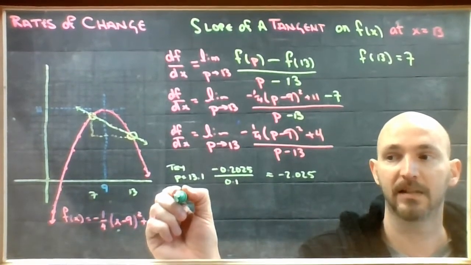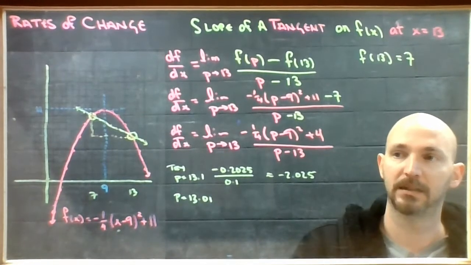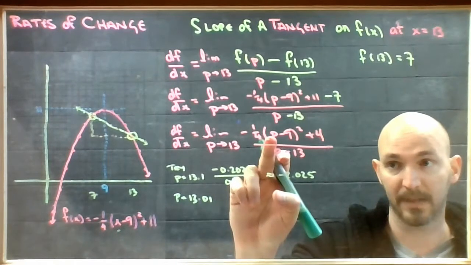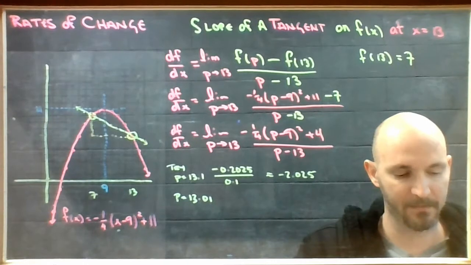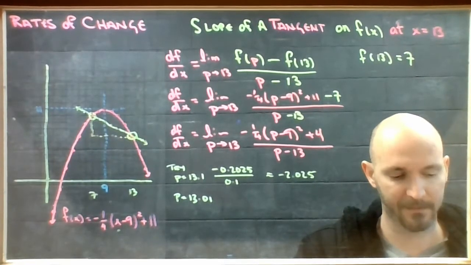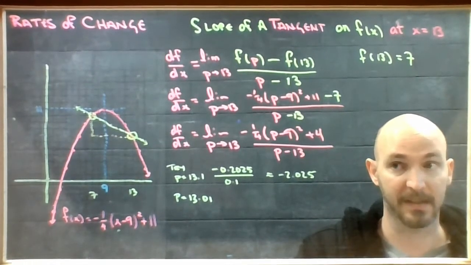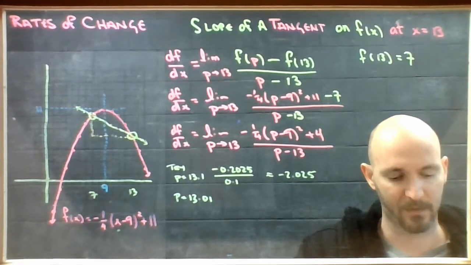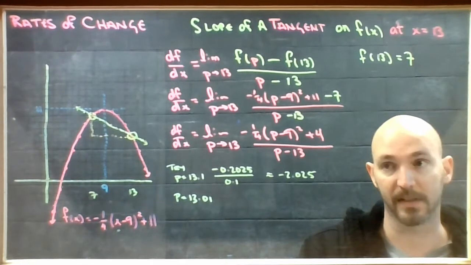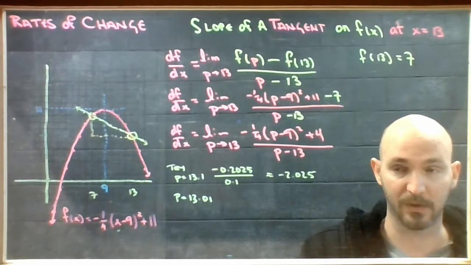I'm going to try p is 13.01. So I'm going to take this number, put it in for p here and p here, and see what I get. So 13.01 minus 9 is 4.01. Squared is 16.0801. Times negative a quarter, whichever way you want to do it, it's negative 4.020025.